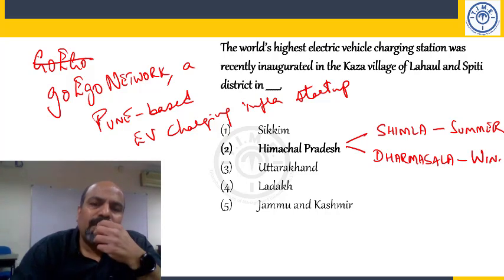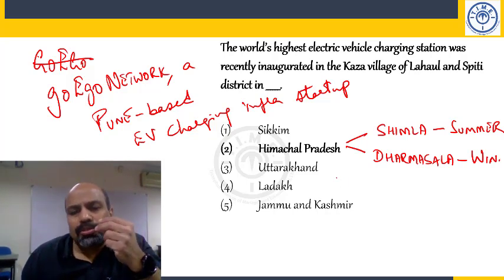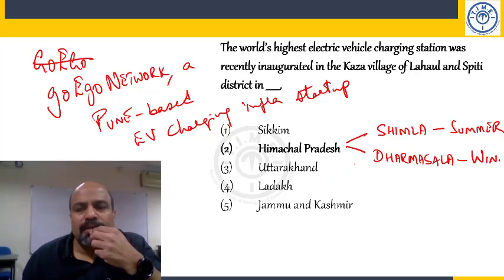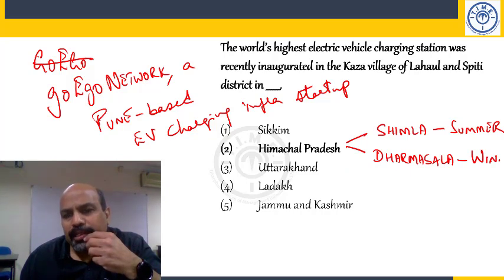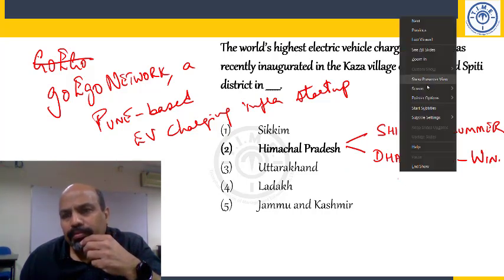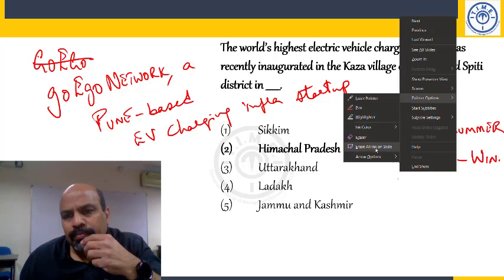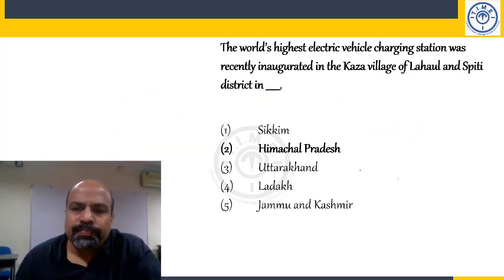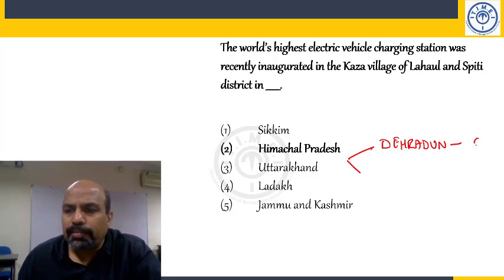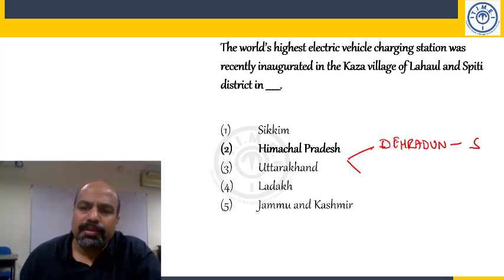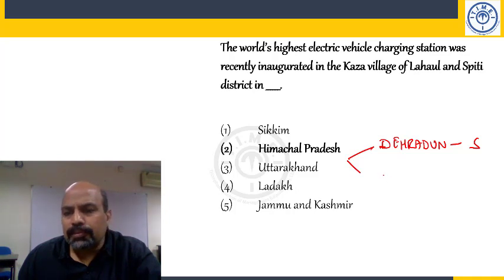Similarly, you have two capitals for Uttarakhand also. What are the capitals? You would have Dehradun, which is usually the summer capital. Okay, what is it?